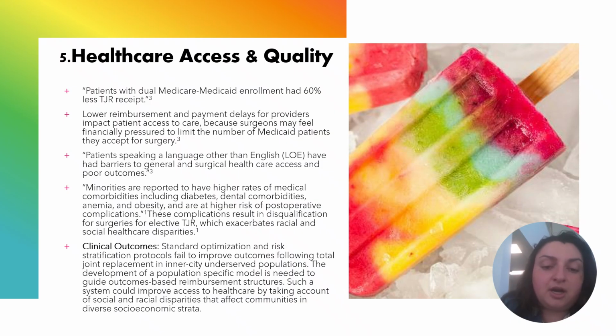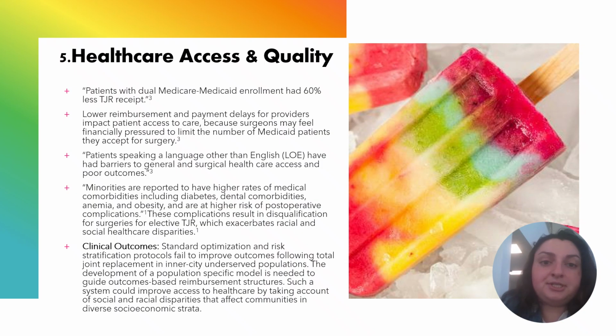And because of these complications, they are often disqualified from even being eligible to receive total joint replacement surgeries. And due to being disqualified and not meeting the cutoffs, this exacerbates the racial and social disparities that exist and just further increases the number of people who are not accessing the care that they need.